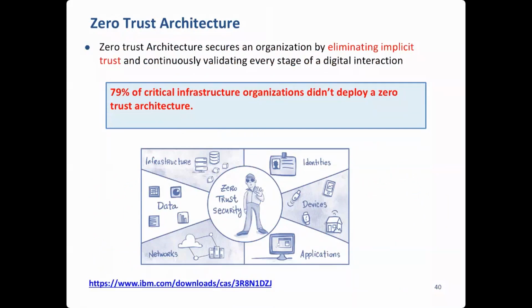So the key thing about zero trust is that zero trust architecture secures the organization by eliminating implicit trust and continuously validating every stage of digital interaction. It does not trust anybody. It keeps authenticating, keeps checking, keeps validating at every stage, right?